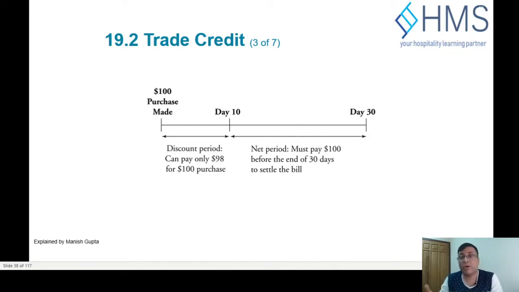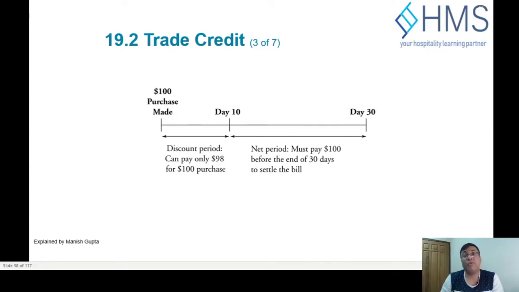You are not taking the cash discount advantage by paying on the 10th or 9th day, and you're also not taking the advantage of the full credit period of up to 30 days, because you're not getting any benefit by paying earlier. So either you pay on the 9th or 10th day, or you pay on the 29th or 30th day, not before that. That is one principle in managing trade credit.